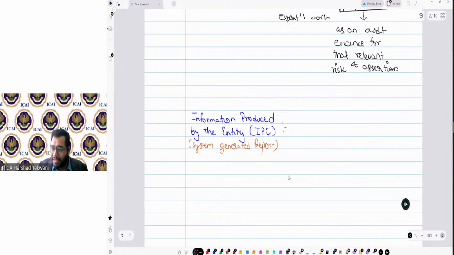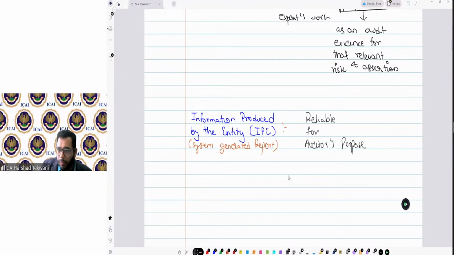In that case, still I am required to evaluate whether the information is sufficiently reliable for my purpose, reliable for the auditor's purpose. And I also need to check the relevance of that information again.